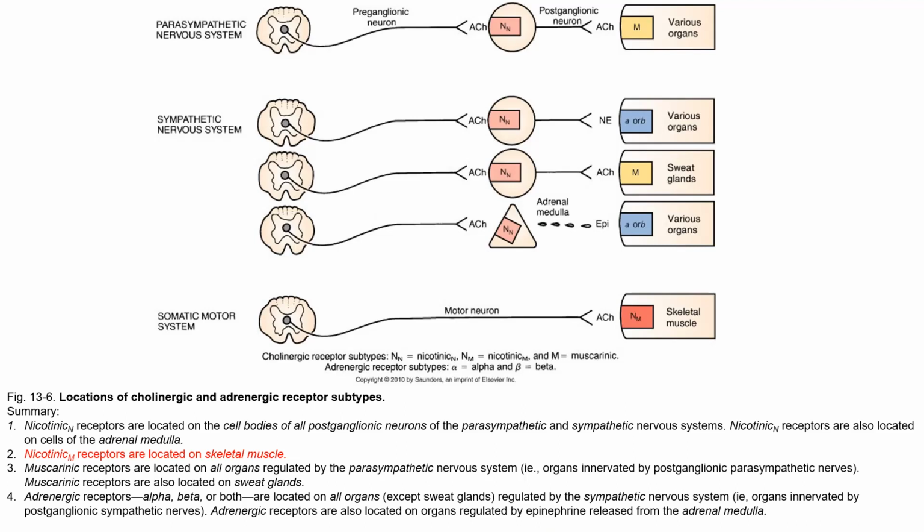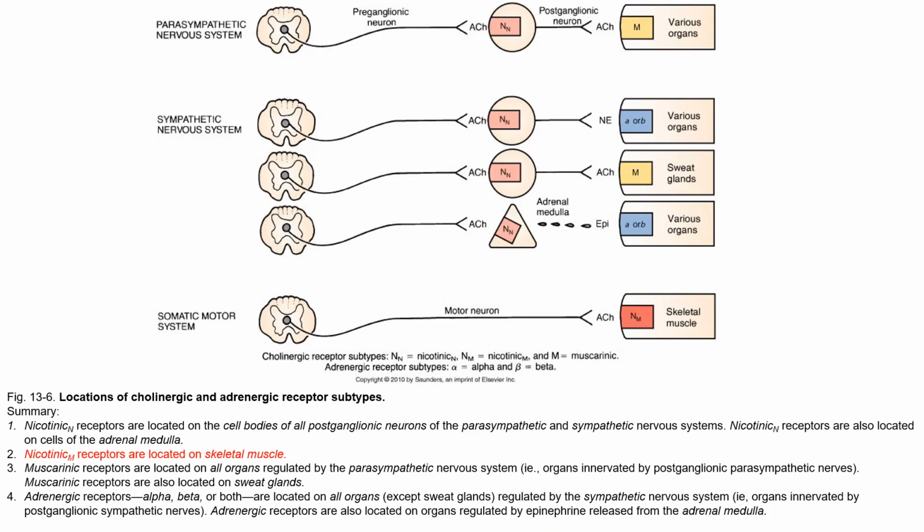Then alpha or beta receptors. M again, muscarinic receptors. In the parasympathetic, various organs are controlled by acetylcholine. At the ganglion we have nicotinic N receptors, and at the target organs we have M, muscarinic receptors. Both ganglionic and postganglionic are controlled by acetylcholine.